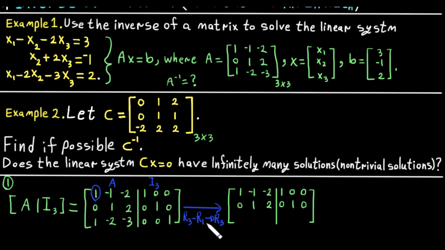So row 3 minus row 1: 1 minus 1, which is 0. Negative 2 minus negative 1: negative with negative is positive 1, so negative 2 plus 1 is negative 1. So I will write here negative 1.